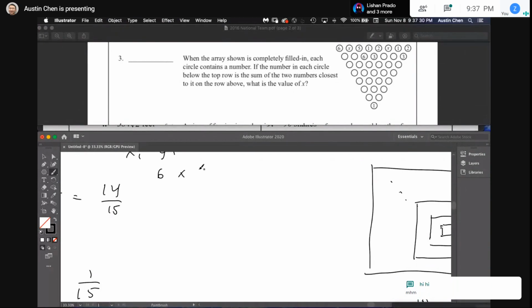In the end, countdown is just memorizing all the problem types, so that when you see the problem, you know what it is. That'll basically be countdown.